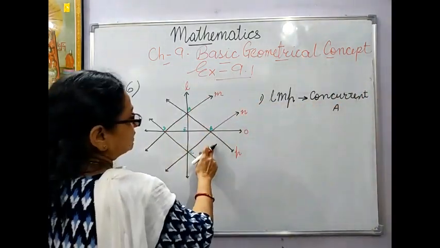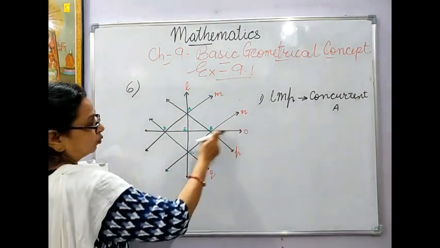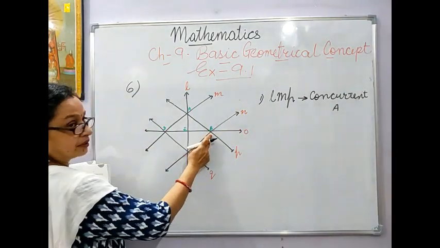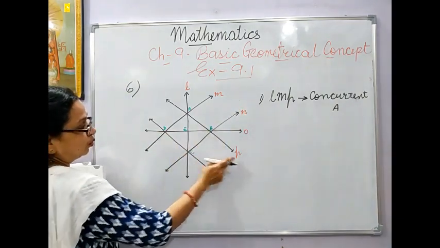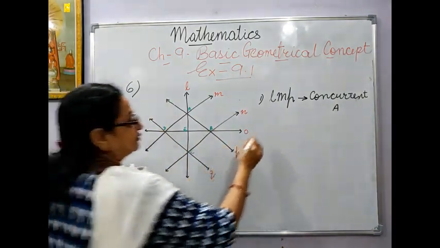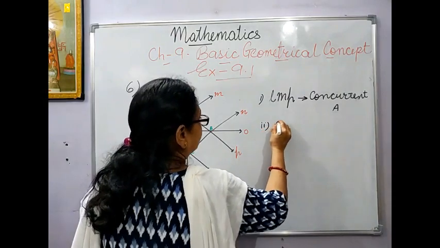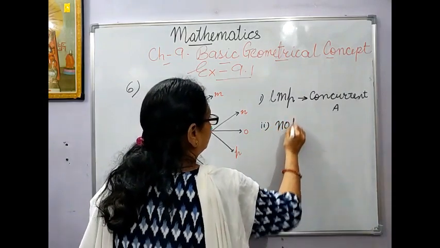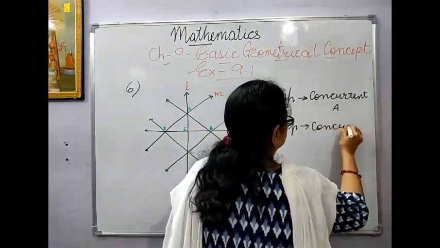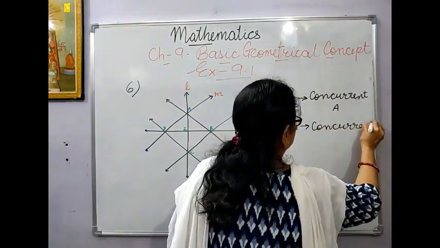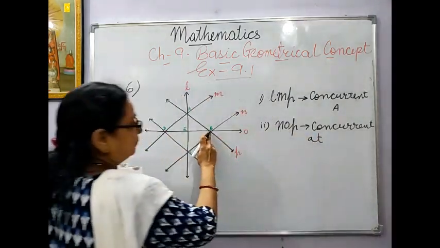Now we move on to this N, O and P. They are concurrent at B. This line N, this O and this P. So it will be the second one, N, O, P, concurrent at B.